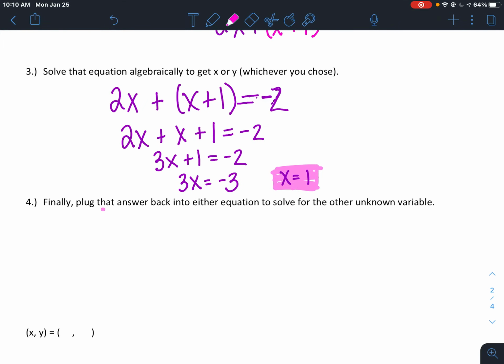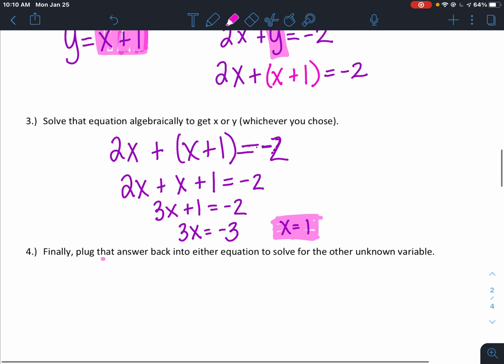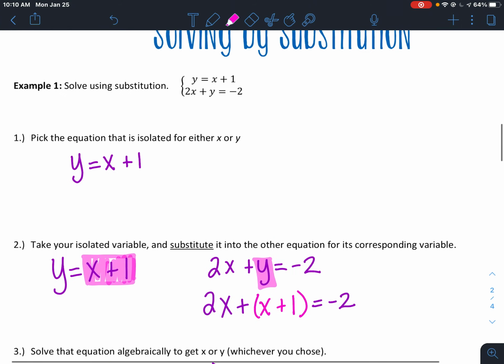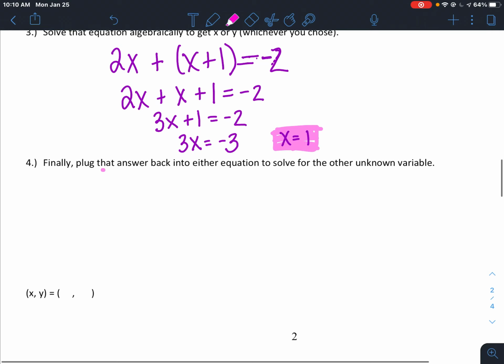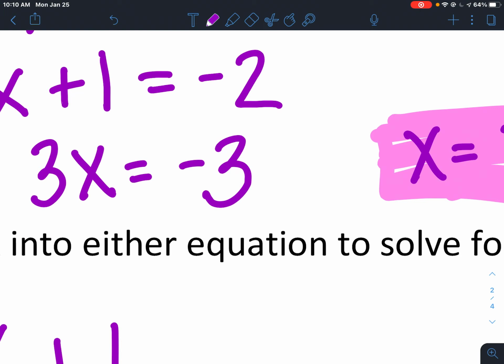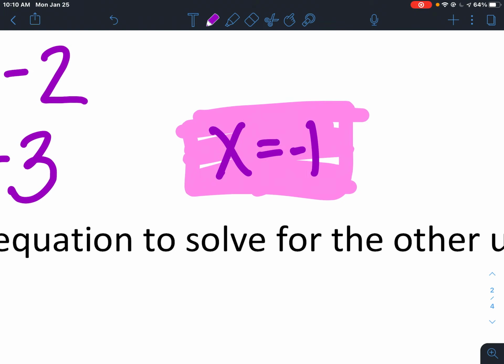Plug that answer back into either equation to solve for the other unknown variable. I'm going to choose the first equation because it's already isolated for y and it has a couple less numbers to deal with. So we have y equals x plus 1. Oh, I'm sorry, I divided wrong. -3 divided by 3 is -1, so x equals -1.